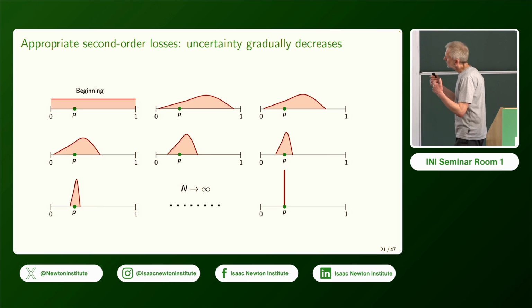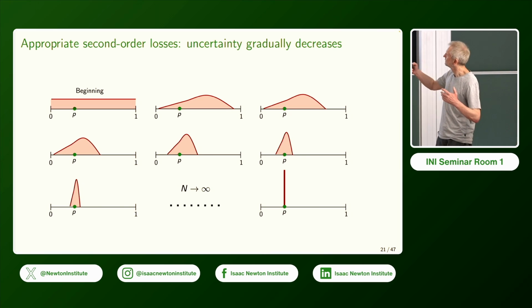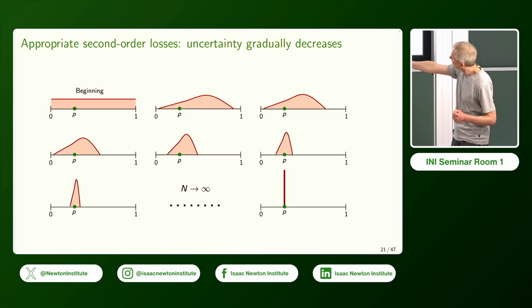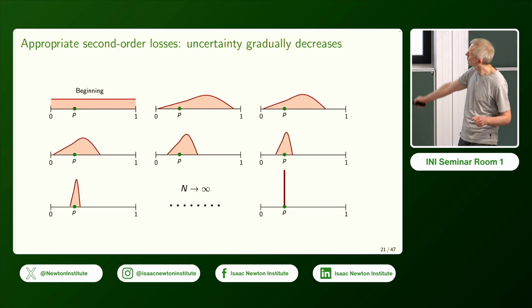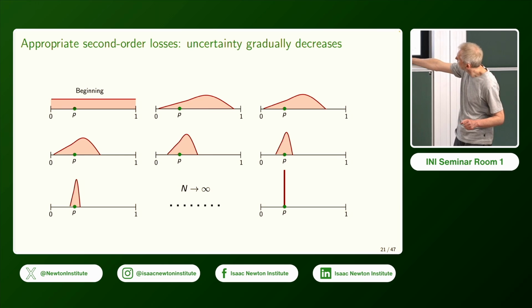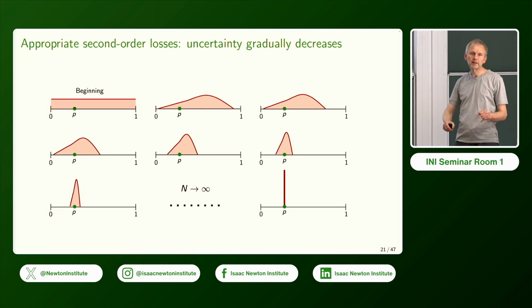So intuitively, one thing we would expect, of course, is that in the beginning, when the learner has seen very few training examples or no examples, the second-order distribution will be flat, uniform maybe.